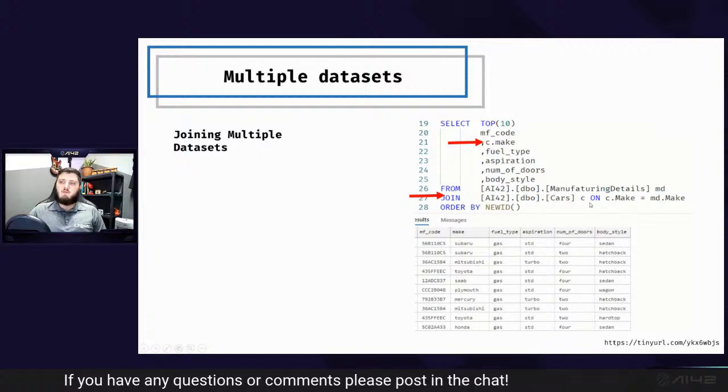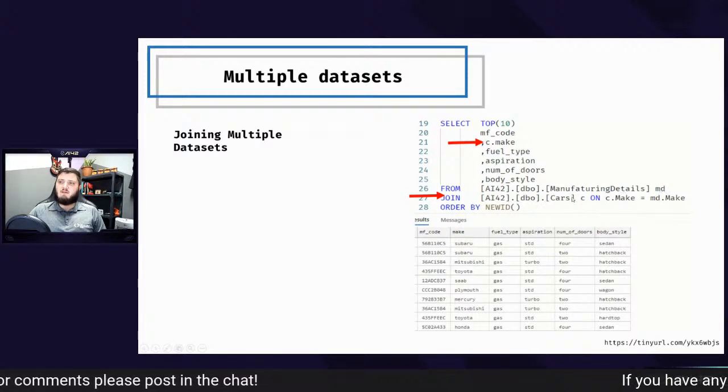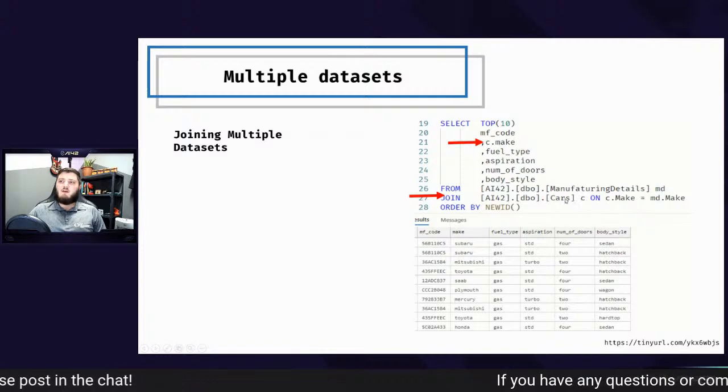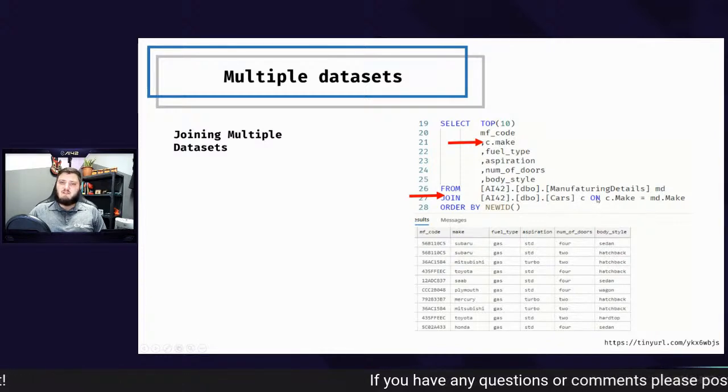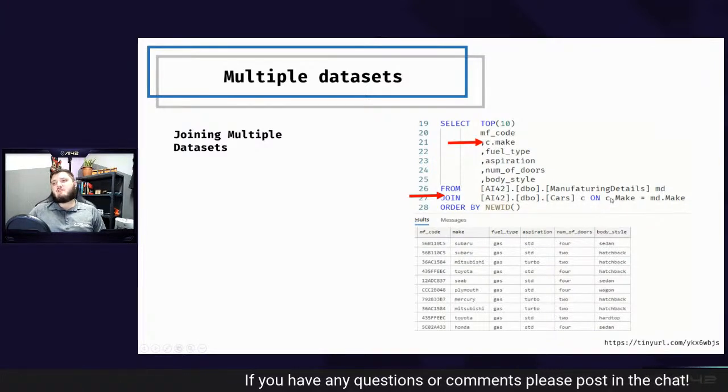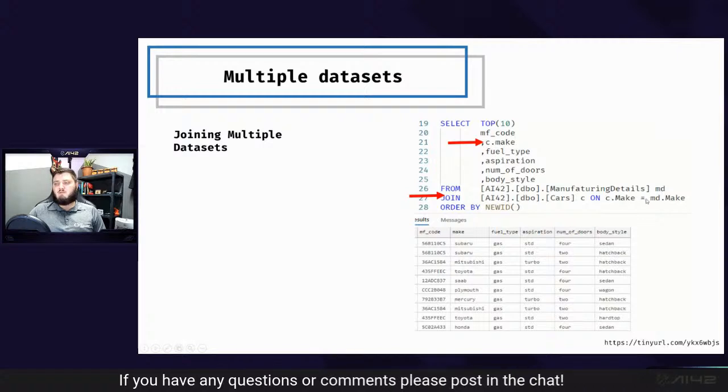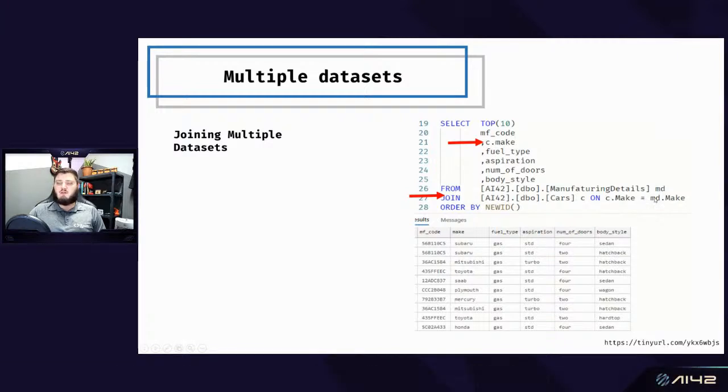I gave both of these tables an alias: I said this table, call it MD, and the cars table, call it C. Then in my ON statement, I ask SQL to look at table C, the make column, and make sure it's equal to table MD, the make column as well. And joining these two together, then return the manufacturing code.